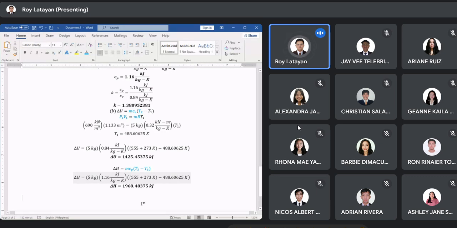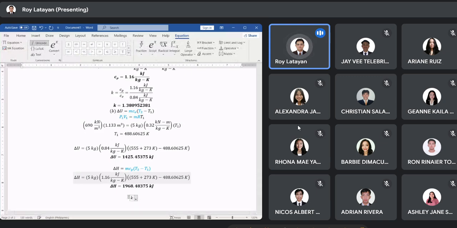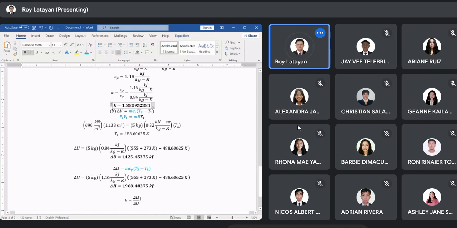So, another way to check is using yung isa pa. So, dito, nakuha natin yung K. Meron pa tayong isang formula ng K: delta H over delta U. So, para malaman mo na tama yung value ng delta U at delta H natin, dapat yung lalabas dito is equal dito. So, this is a way of checking kung tama ba yung nakuha yung sagot.